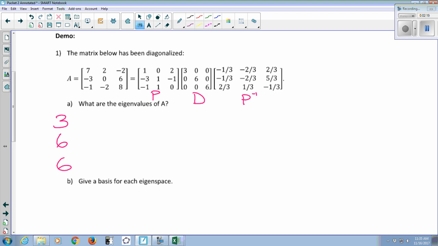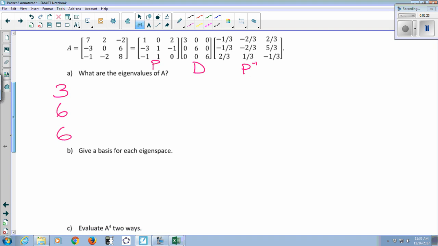You only need one, and then the eigenspace is just the span of that vector, all multiples of it. So for lambda equals 3, the eigenspace is the span of 1, -3, -1.